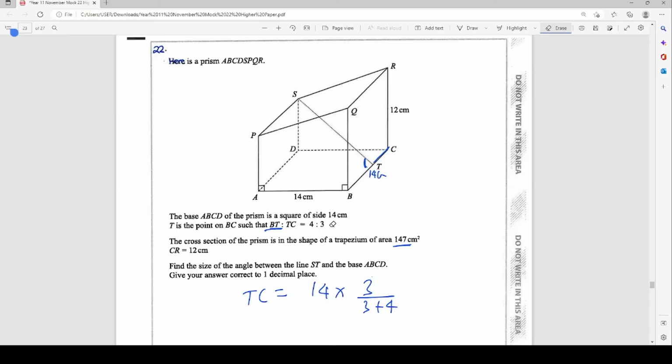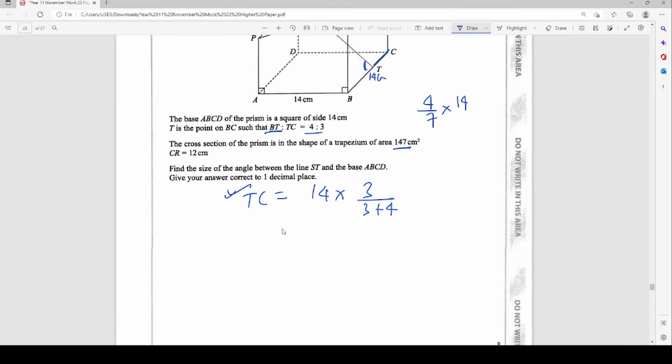So if I have to find the length of BT, it is going to be 4 over 7 times 14, you just add the ratio. If you want to find the length of TC, TC is equal to 14 times 3 over 3 plus 4, which is 14 times 3 over 7, which is 6 centimeters. So we got the length 6 centimeters.